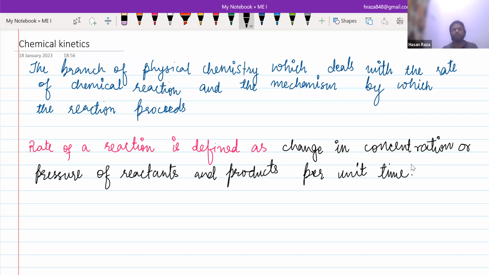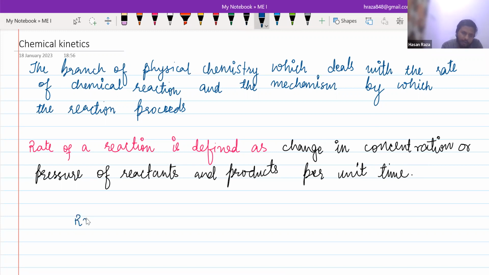But after some time, you will have some concentration of product. So you calculate the change in product, that means final product minus initial product, upon time taken to change. That is also the rate. So we define rate for reactant as well as product.